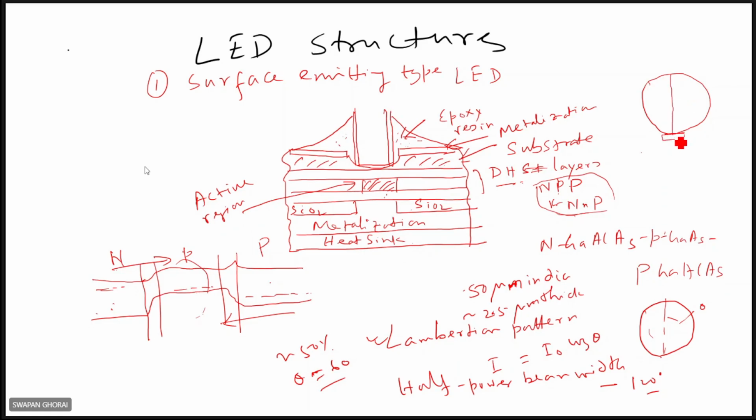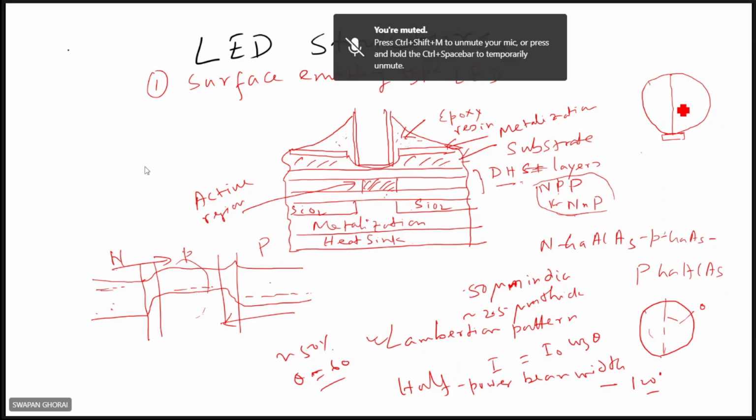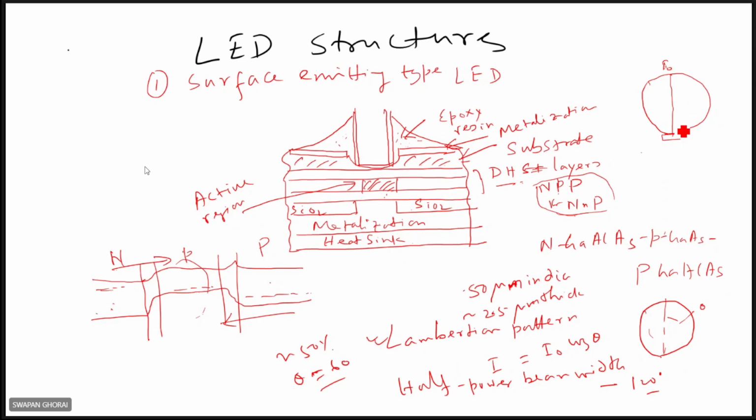This is I0, the maximum intensity in the normal direction, and at any angle theta it is I0 cos theta. If this is the characteristic, then it is called Lambertian. Generally, all diffusing sources are Lambertian sources.